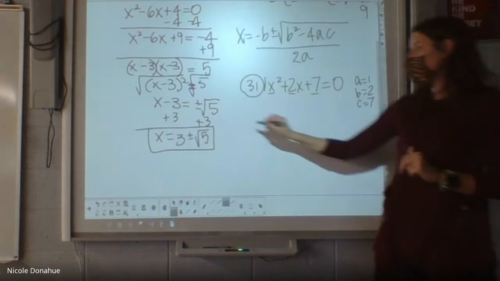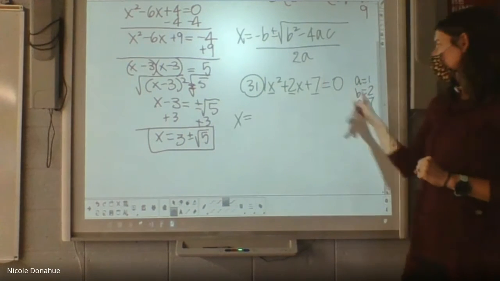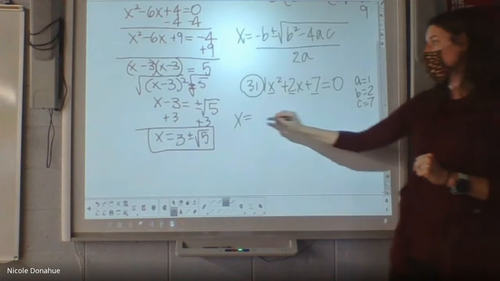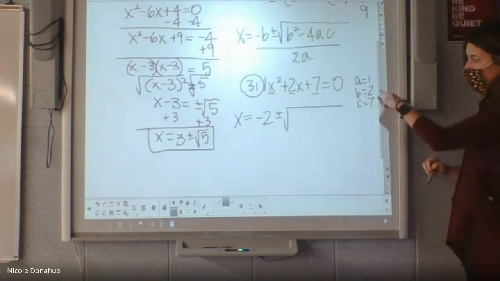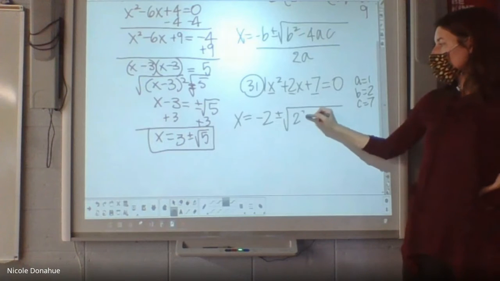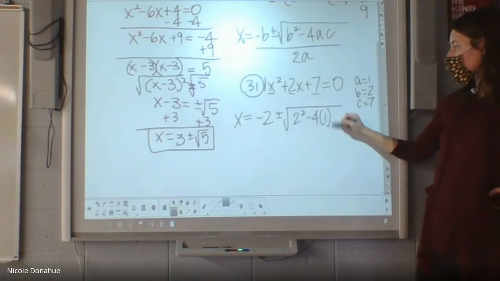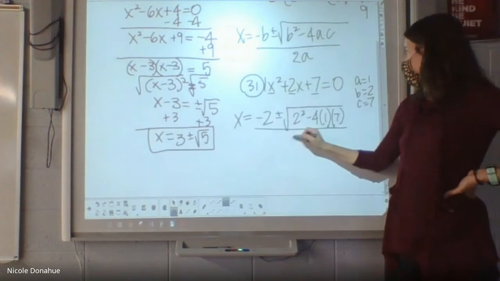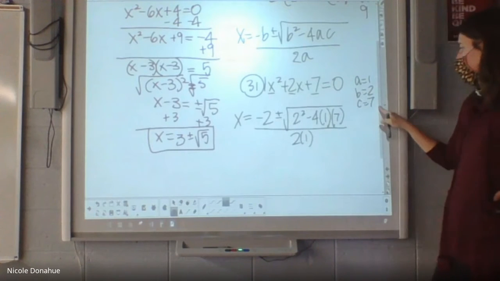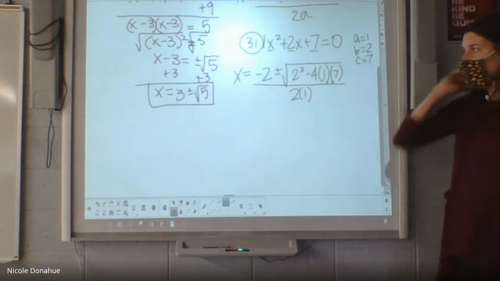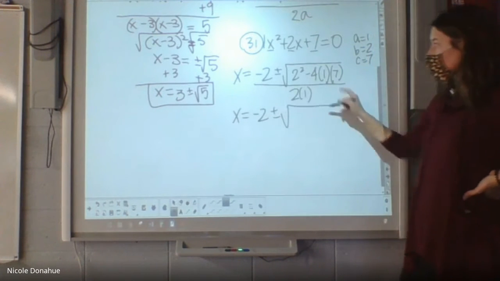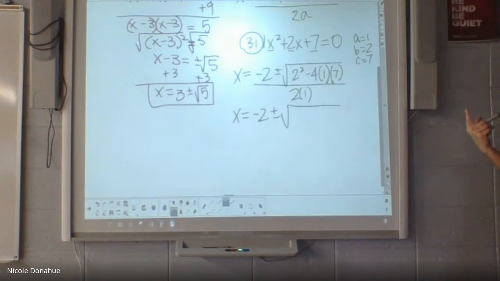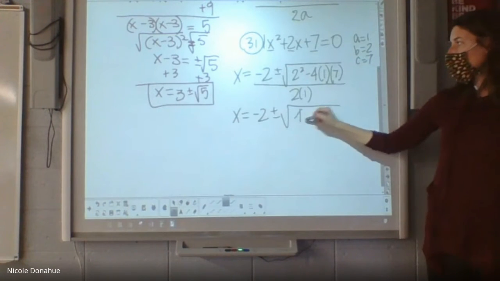So I'm doing x equals the opposite of b. It looks like it's 2, so that means negative 2, plus or minus the square root of b squared minus 4 times a times c, all over 2 times a. Now inside the root, I'm going to do all that work. 2 squared is 4.